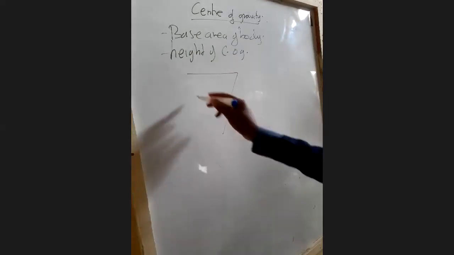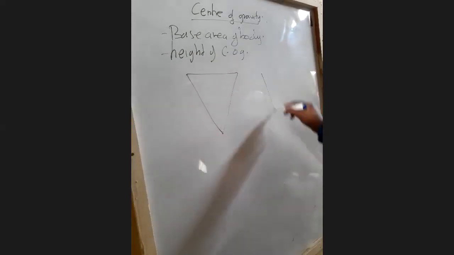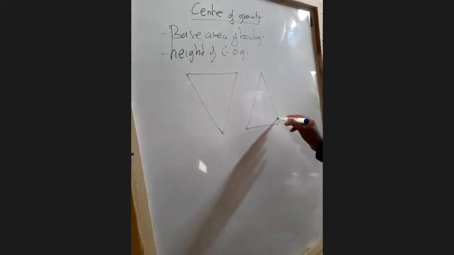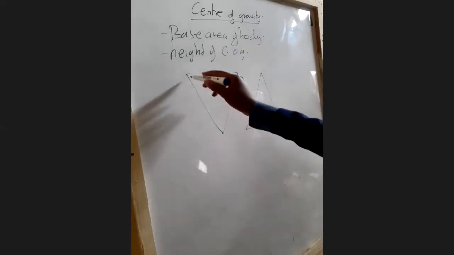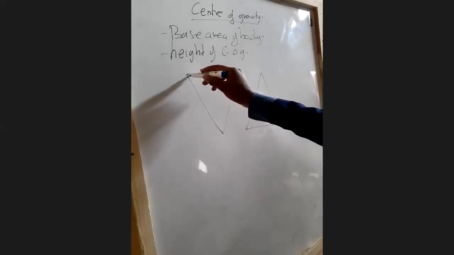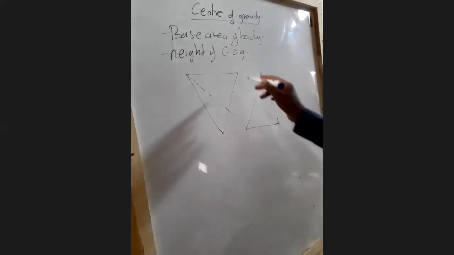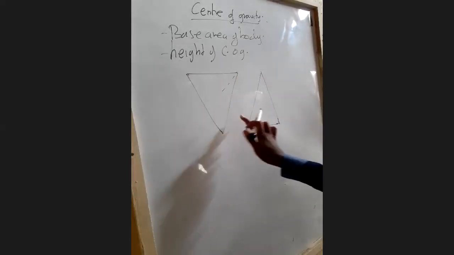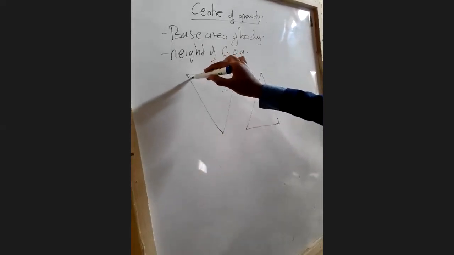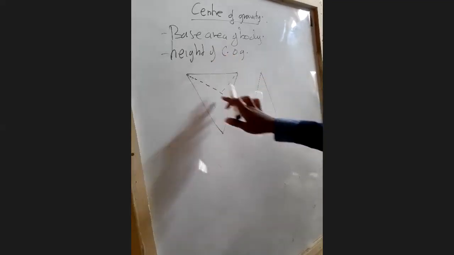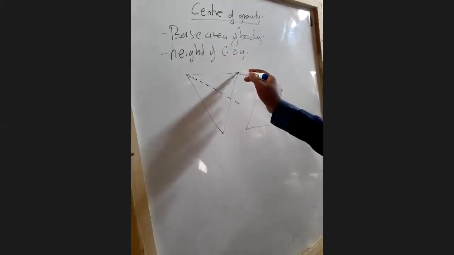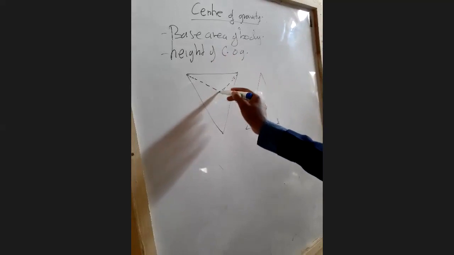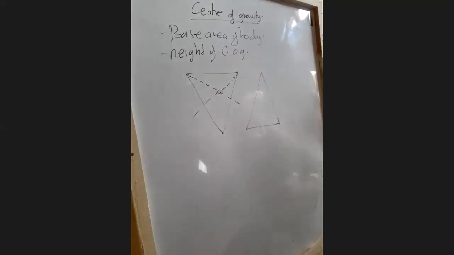Now, if I have these two bodies, you will find that for the first body, if you do the normal determination of the COG, drawing a perpendicular or an angle bisector, you'll find your COG is there.